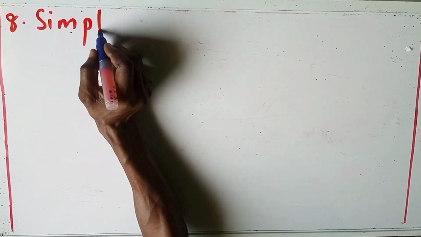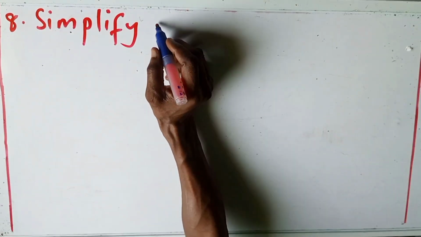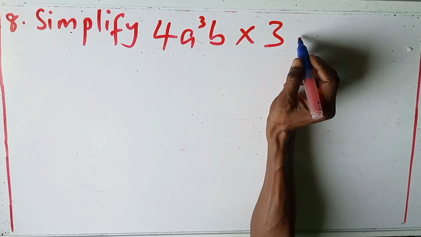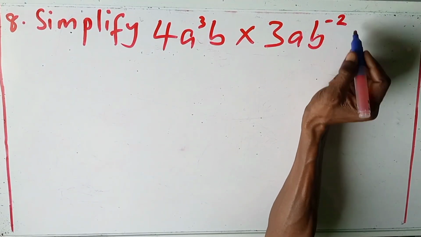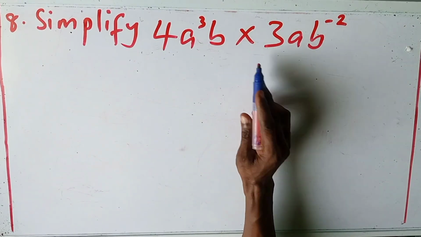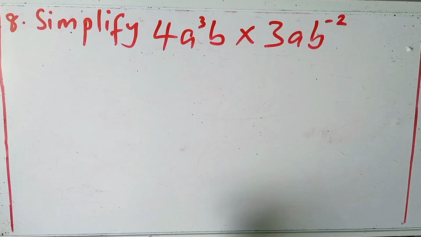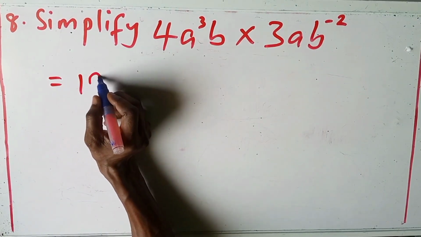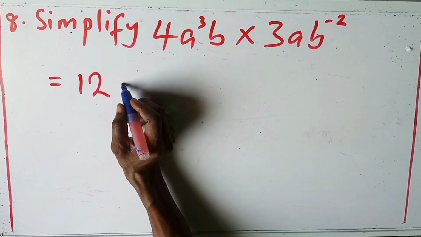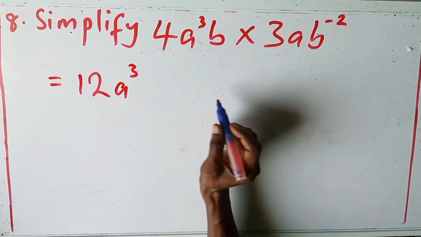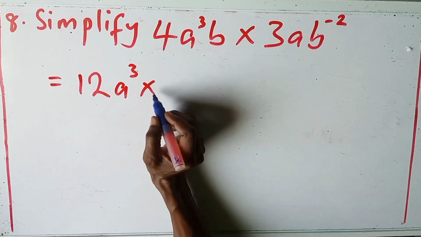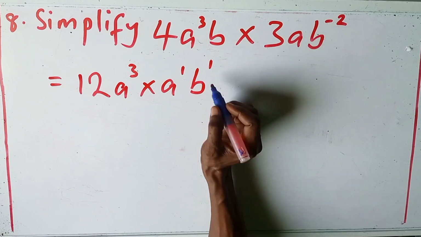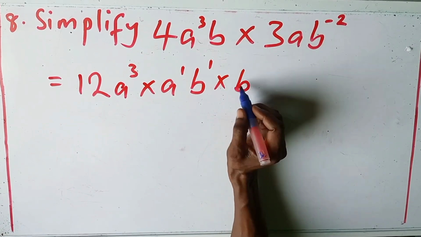The next one says, simplify 4a raised to power 3b times 3ab raised to power minus 2. The first thing is to multiply the coefficients 3 and 4 together, and that will give us 12. Then we bring the like terms: a raised to power 3 times a raised to power 1, then b raised to power 1 times b raised to power minus 2.